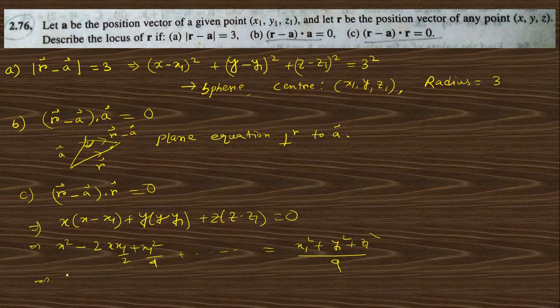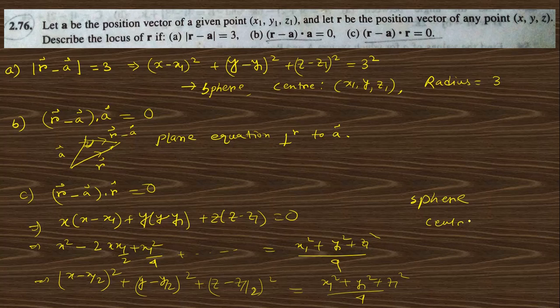So this will be nothing but (x minus x1 by 2) whole square plus (y minus y1 by 2) whole square plus (z minus z1 by 2) whole square equal to (x1 square plus y1 square plus z1 square) by 4. So this is the equation of a sphere.